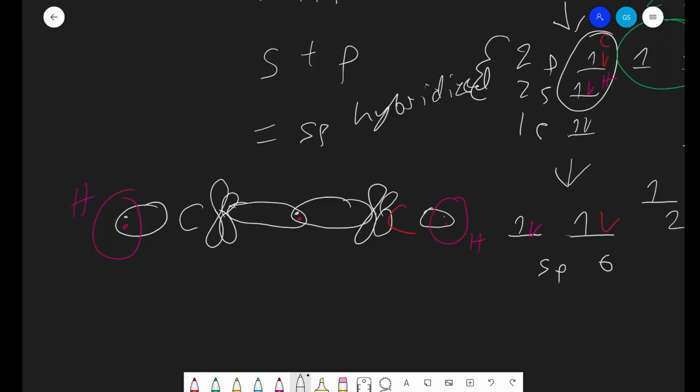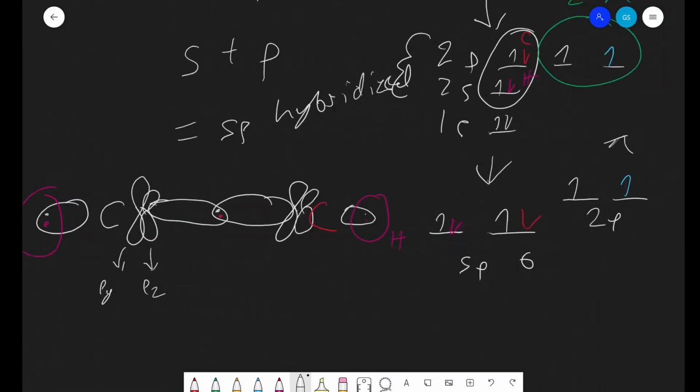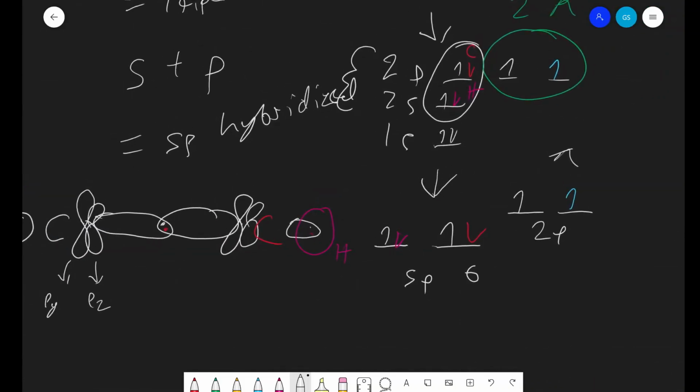So the way to think about it is that one of these would be like py, the other one would be like pz, right? Because remember, if you recall from the quantum numbers video, this would be px, py, pz. These are just different orientations. So the pz's would be interacting with the pz, the py would be interacting with the py. So there's some interaction going on between here.